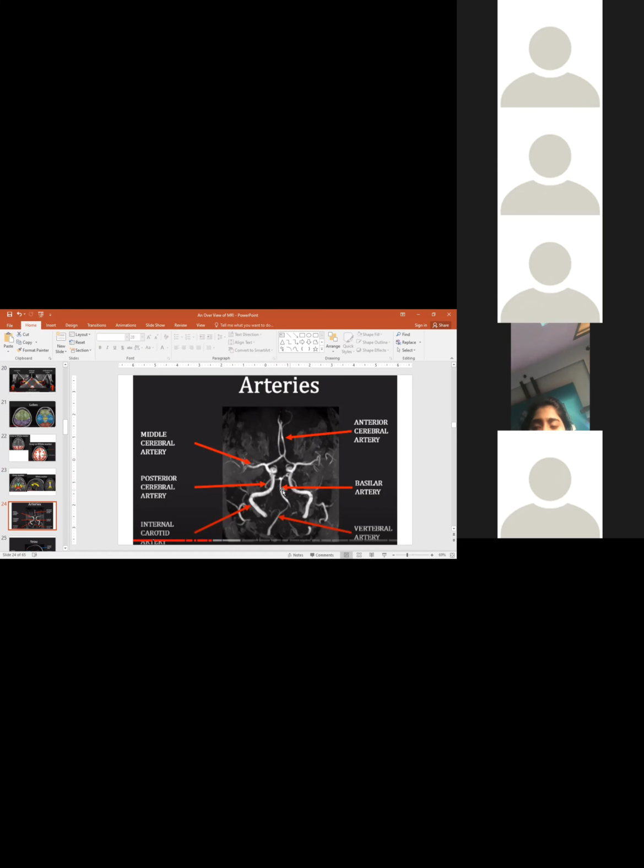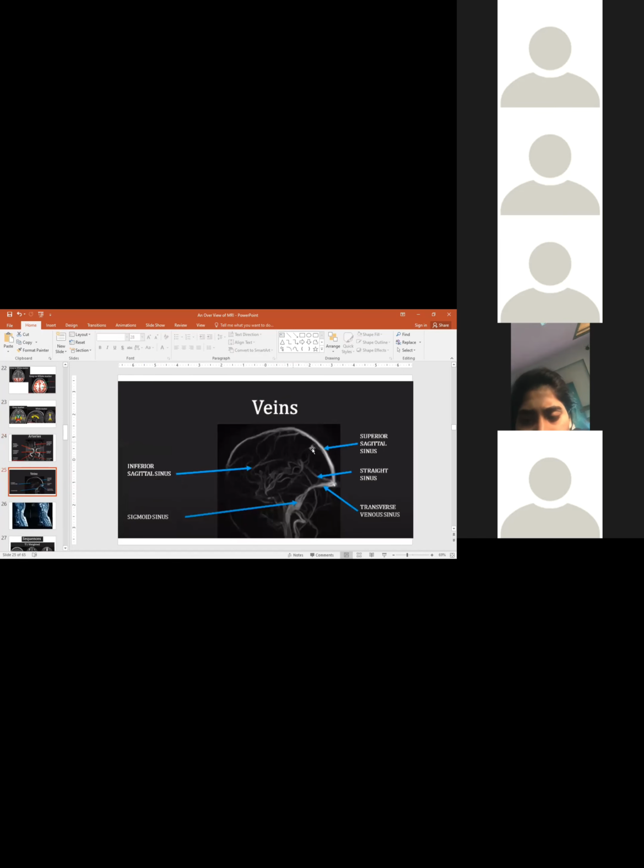And the circle of Willis can be seen on MRI. Then the veins are very important. This is the inferior sagittal sinus, the superior sagittal sinus, this is the straight sinus.